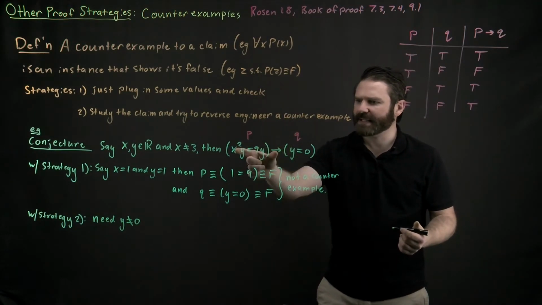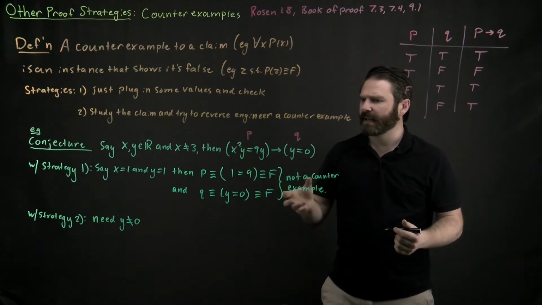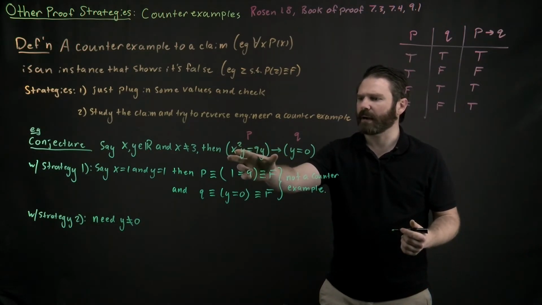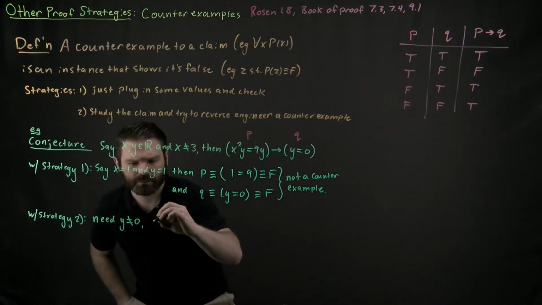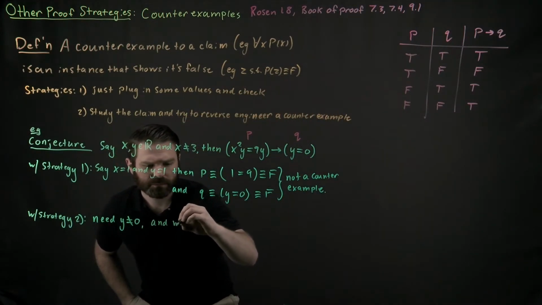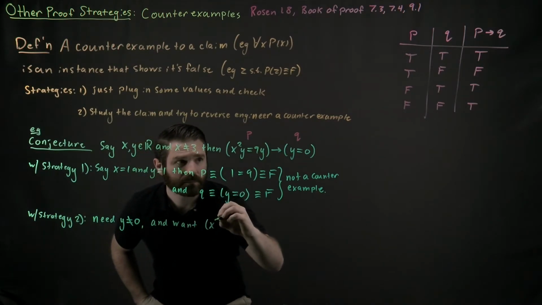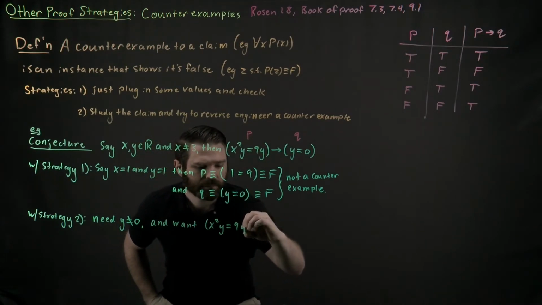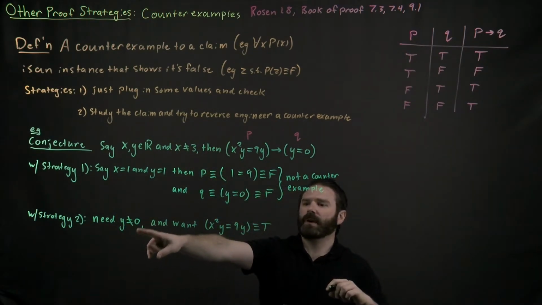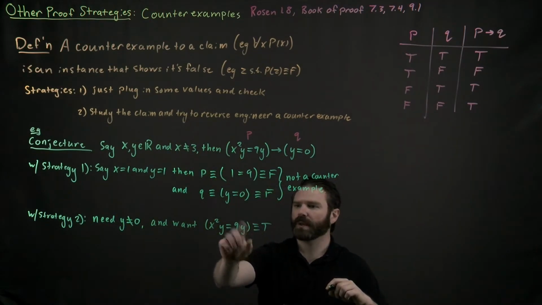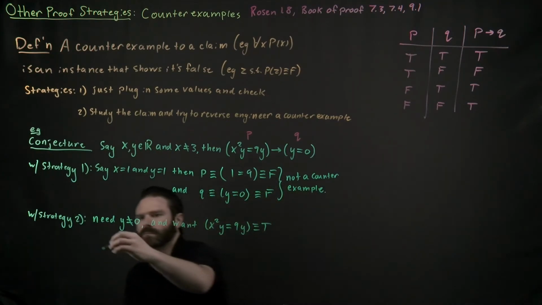So let's go ahead and study this in detail and see if we can't figure out some possible value for x. So I want my conclusion to be false and my hypothesis to be true. So looking at this equation right here, I note something interesting.